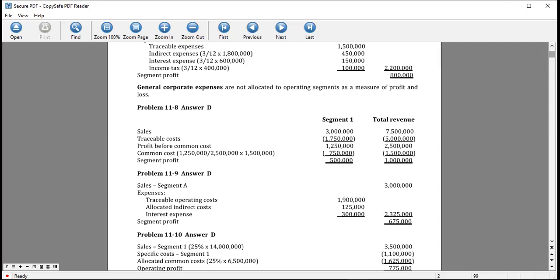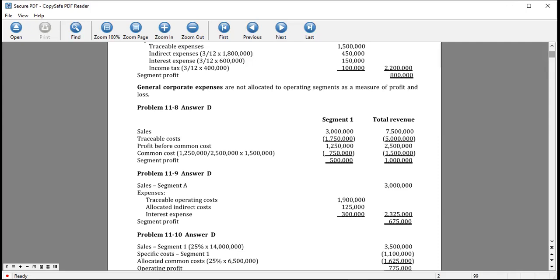In the current year, the entity incurred segment costs of 500,000 that were not directly traceable to any of the divisions. Segment A incurred interest expense of 300,000 in the current year.